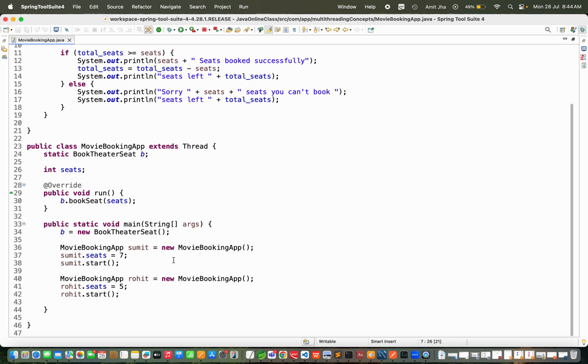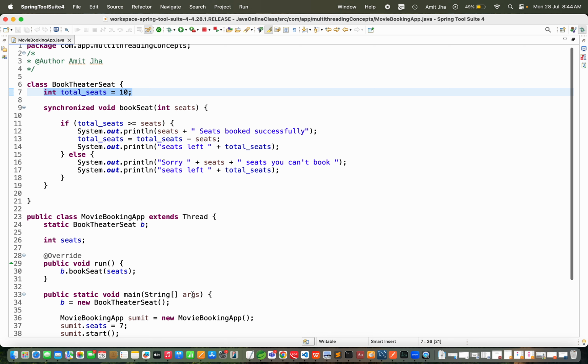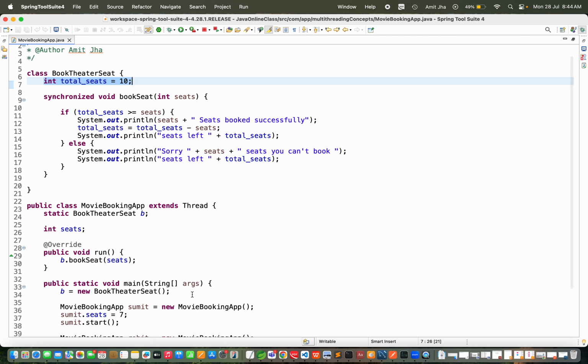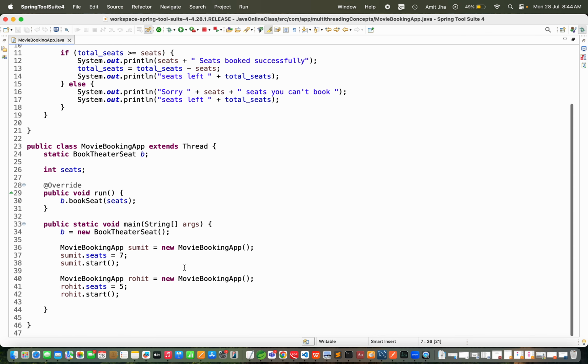This two threads are booking seats. Suppose the first thread, Sumit, is booking 7 seats and the second thread, Rohit, is booking 5 seats. But we have only 10 seats. It's not possible, right? Directly it will tell. So one thread definitely can book the seats. Yes or no? The thread which goes first inside this block definitely can book the seats. It may be Rohit, it may be Sumit.